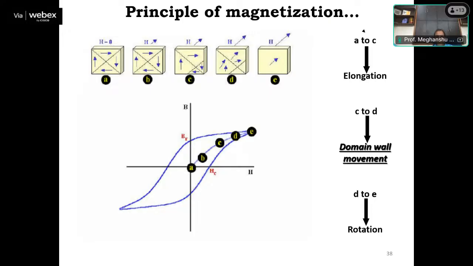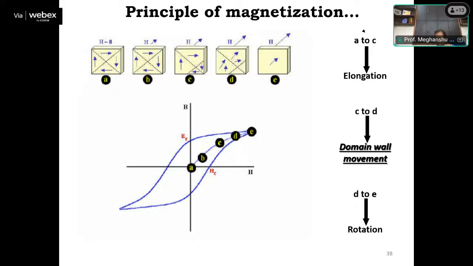Principle of magnetization. What is this principle of magnetization? In the previous slide, we have seen that when we apply a magnetic field over the component, the magnetic domain walls will move inside the material. This motion of magnetic domains will occur so that they align themselves in the direction of the magnetic field.